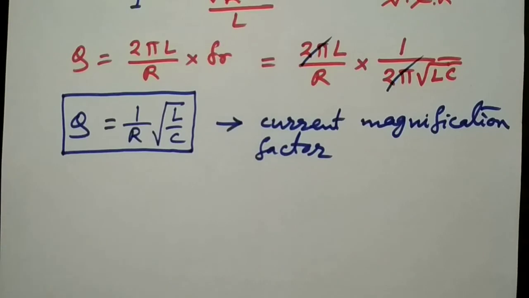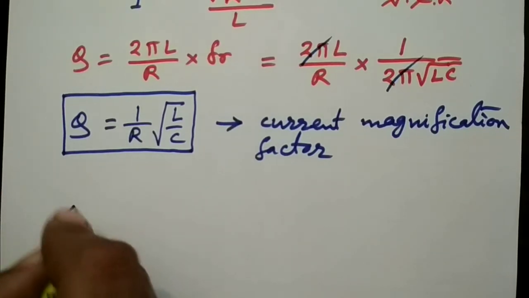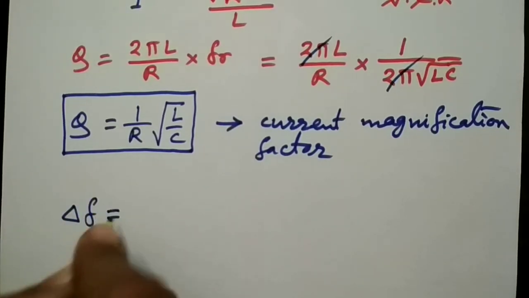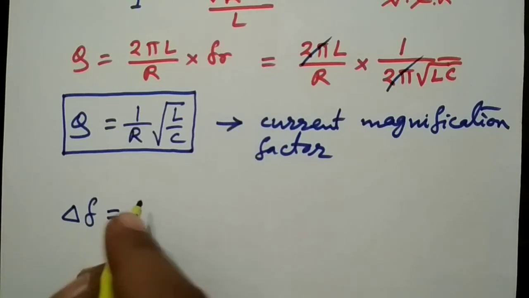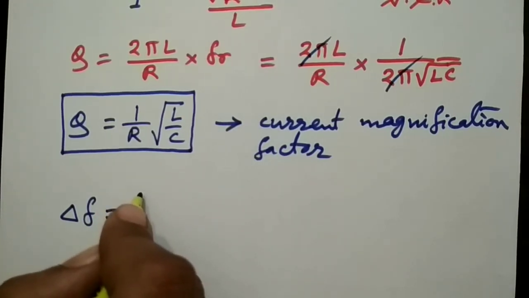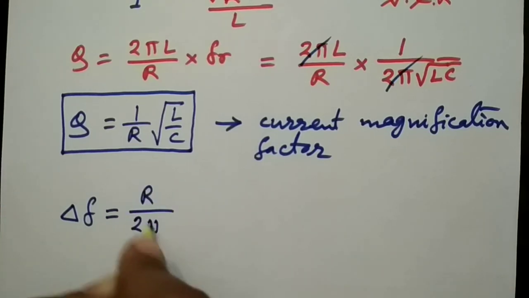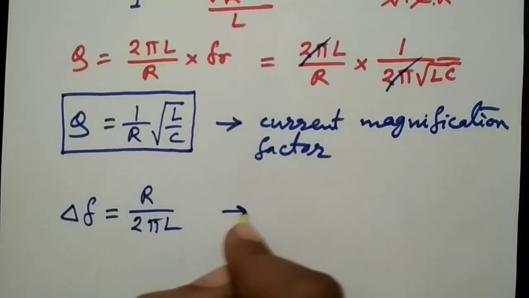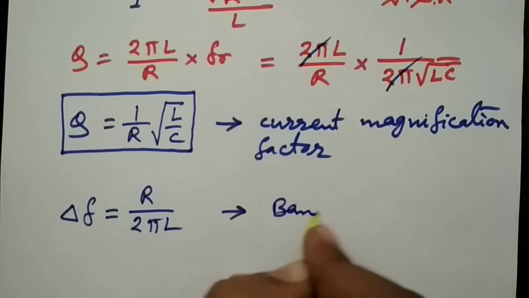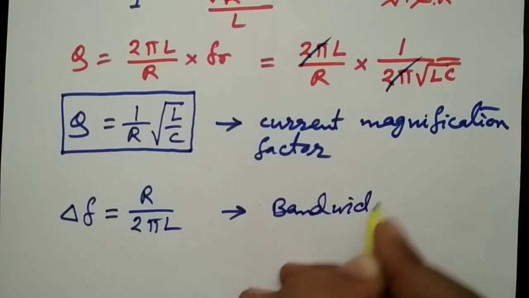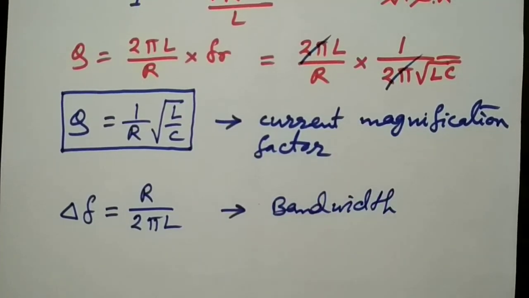Similarly, if we consider the bandwidth in a parallel circuit, the expression of the bandwidth will be again same as we have seen in the series circuit, and it is R upon 2 pi L. So this is the bandwidth. That's all. Thank you.